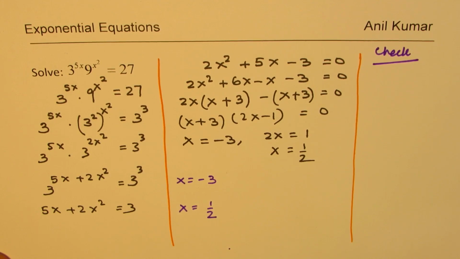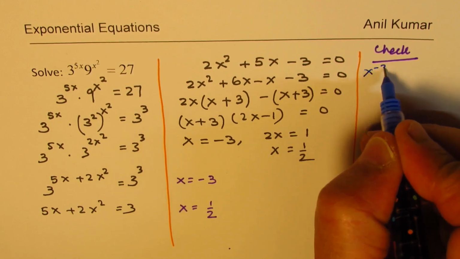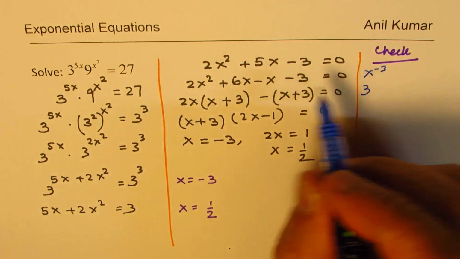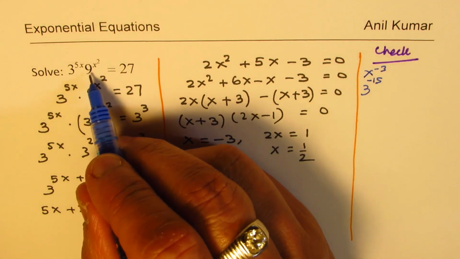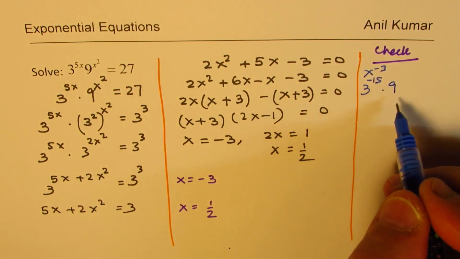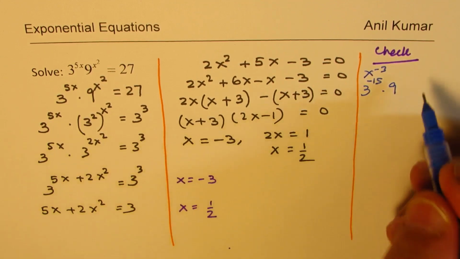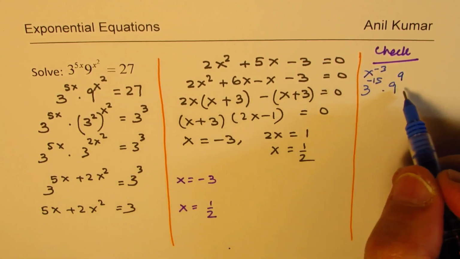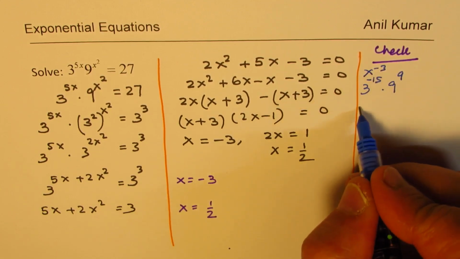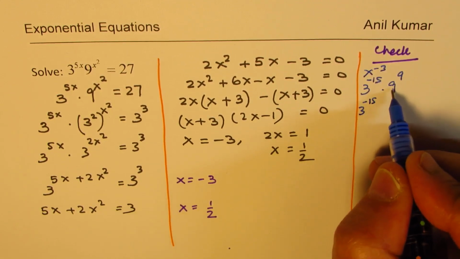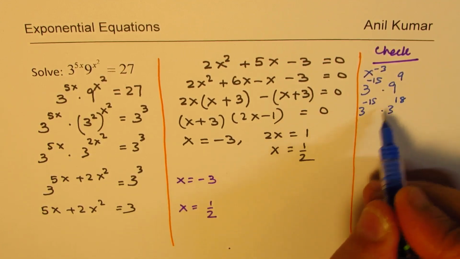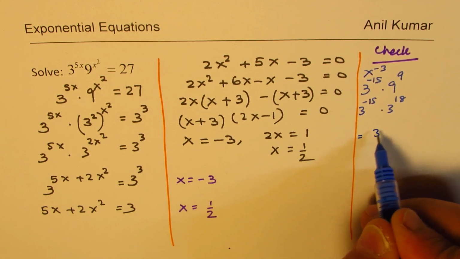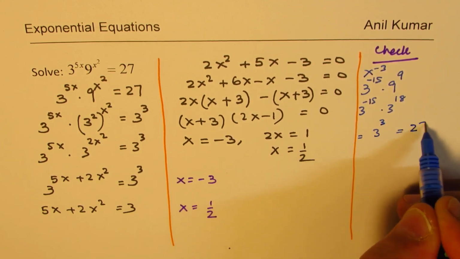I get 3 to the power of 5 times minus 3, which is minus 15, and 9 to the power of minus 3 squared means 9 to the power of 9, right? Correct. Now, as we learned, this is minus 15. This is 3 squared to the power of 9, so that means 3 to the power of 18. And when you add them, what do you get? You get 3 to the power of 3, which is indeed 27.